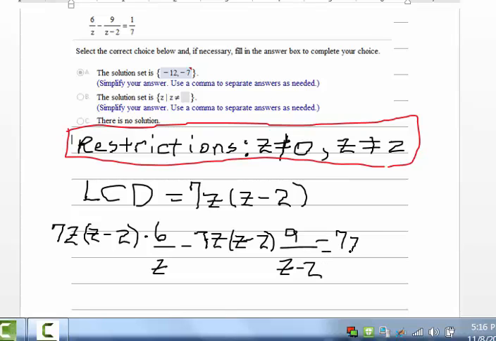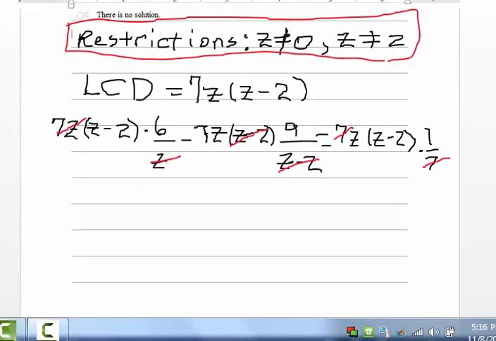And 7z times z minus 2 on the other side of the equation gets multiplied by 1 over 7. So in the first product, the z's divide out. In the second product, the z minus 2's divide out. And in the third product, the 7's divide out.